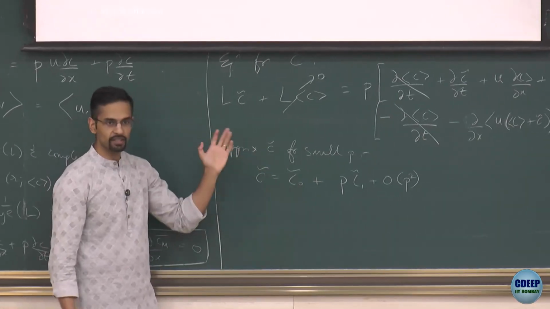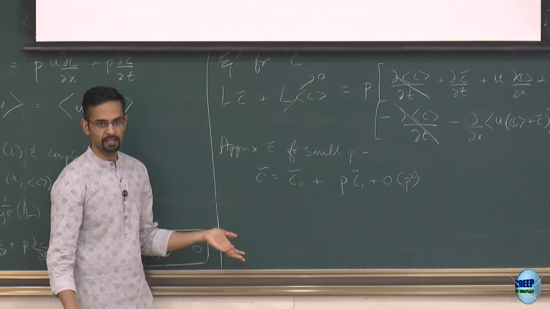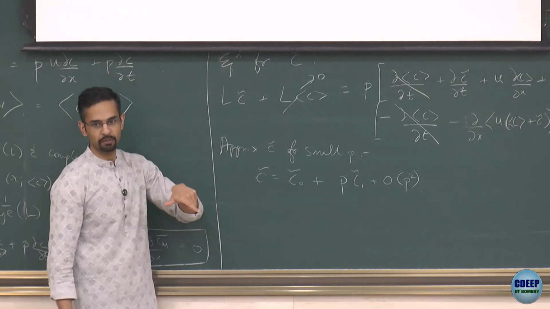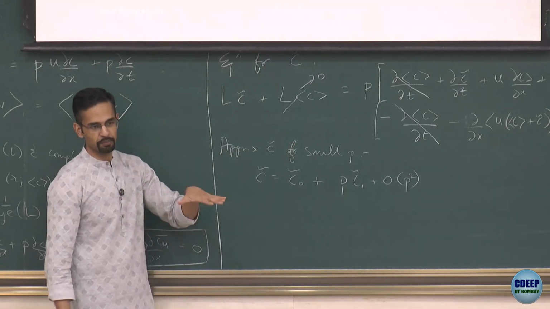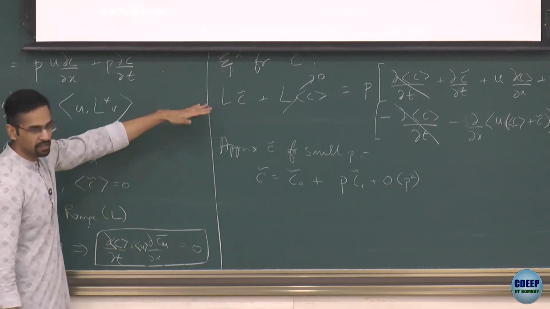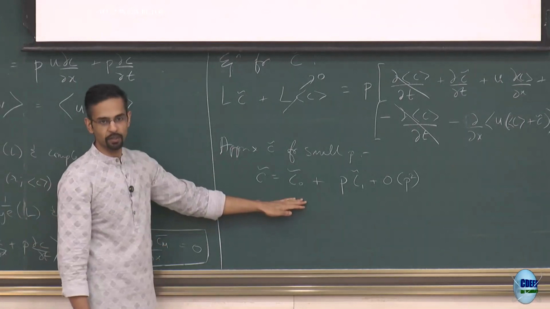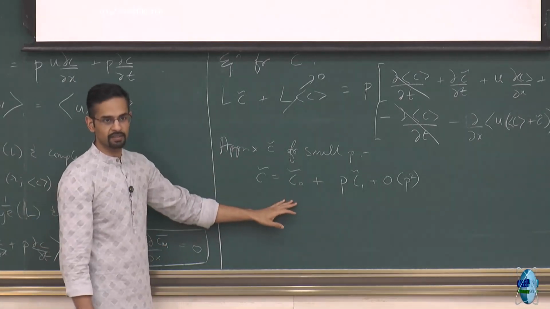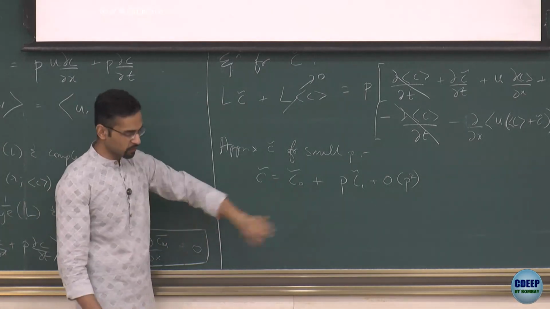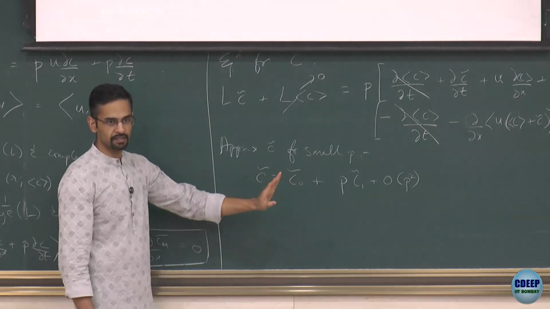Because C naught was undetermined. It was telling me that it's in the null space. But that's exactly when I realized it's not a simple perturbation problem. So from the pure idea of algebraic perturbation theory, the Lyapunov-Schmidt reduction has split up the problem in such a way that you can now set up a regular perturbation problem, which is well defined. You somehow regularized the problem by removing out the null space part. So now you can write this nicely.